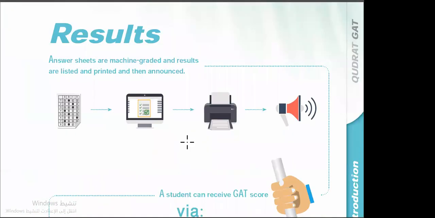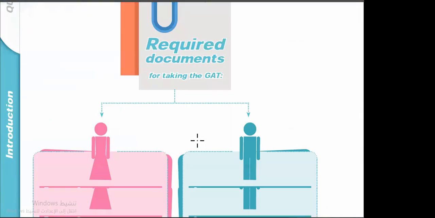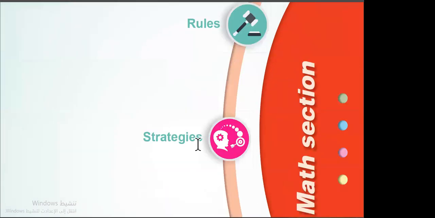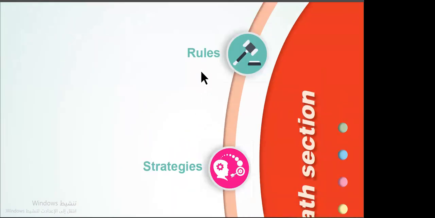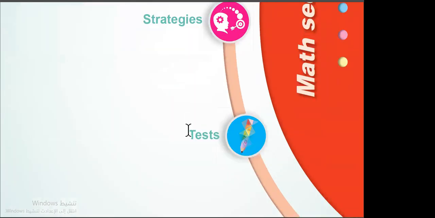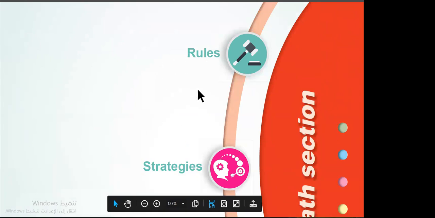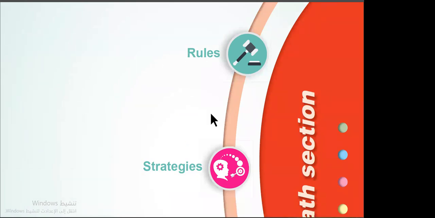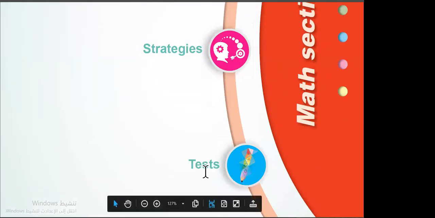Now we will give you the basics of how to solve the problems. The first section is math, where we have rules, strategies, and tests. Every day we will take some rules in math and some strategies, also some questions in the test.